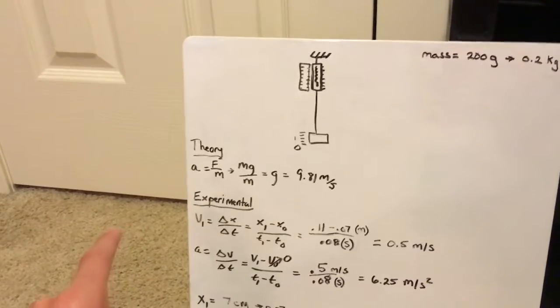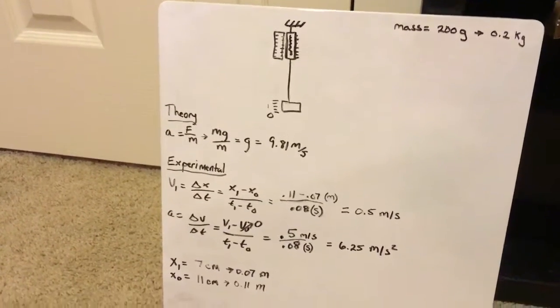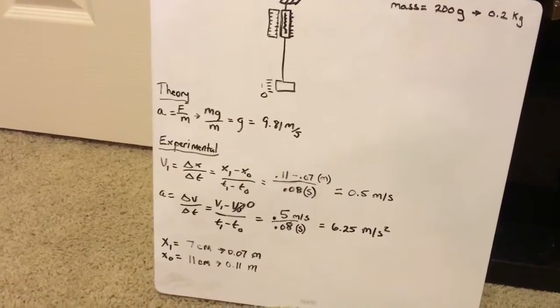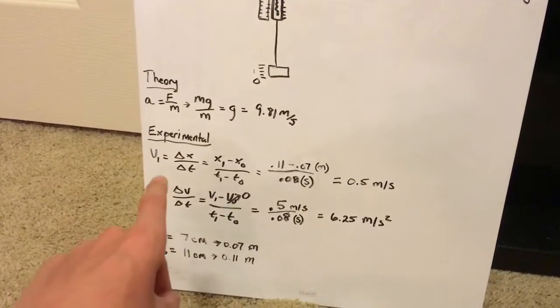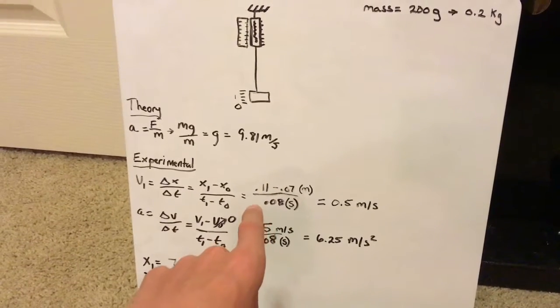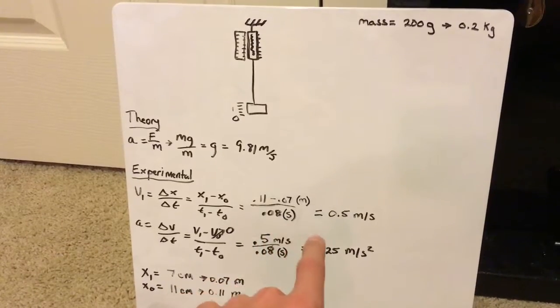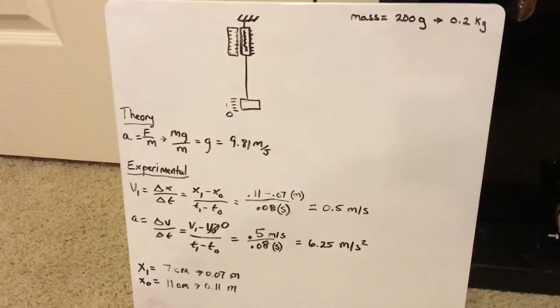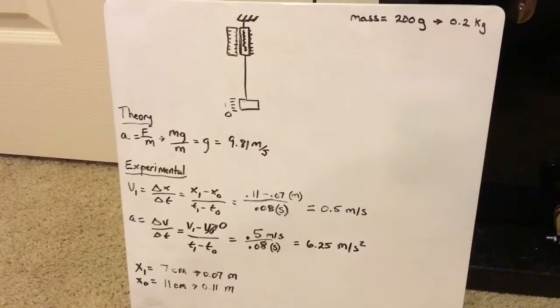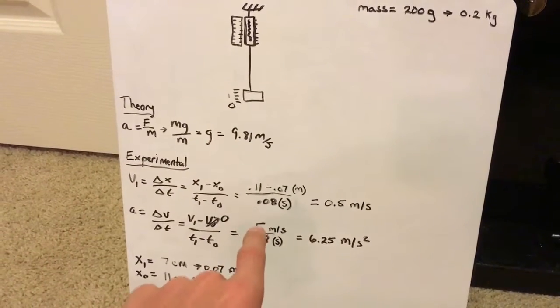whenever you do it, it should just be 9.81 meters per second squared, but we're going to show that it's different because down here we did the math, and we took the distances that were on the ruler of 0.1 meters and 0.07 meters, and in slow-mo we took the frame rate and the time it took to get from the 1 to 0, and it was 0.08 seconds.